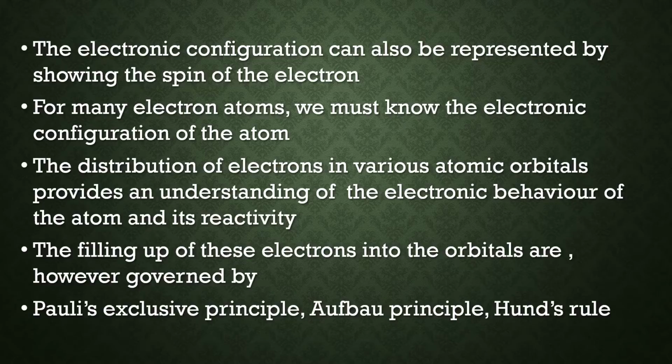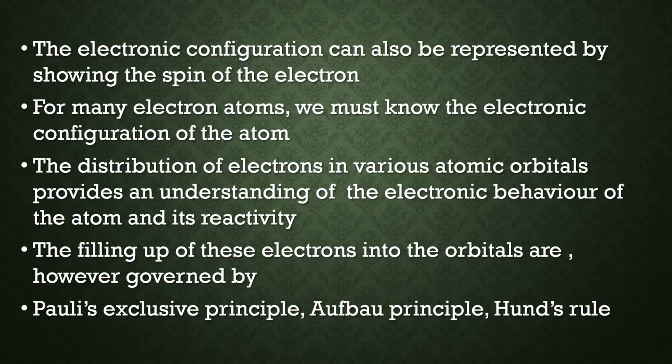The electronic configuration can also be represented by showing the spin of the electron. For many electron atoms, we must know the electronic configuration of the atom. The distribution of electrons in various atomic orbitals provides an understanding of the electronic behavior of the atom and its reactivity.